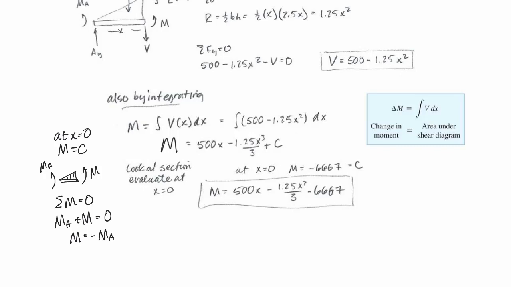From our previous page, the moment at A is equal to positive 6,667. So that says that M is equal to negative 6667, and that's going to be equal to the constant of integration. I shortcutted it here just a little bit, but I just wanted to give you that explanation. Finding that constant of integration, I can put it into the moment equation, and there we have it. And again, that agrees with the prior page.